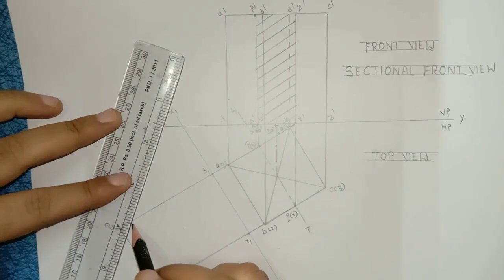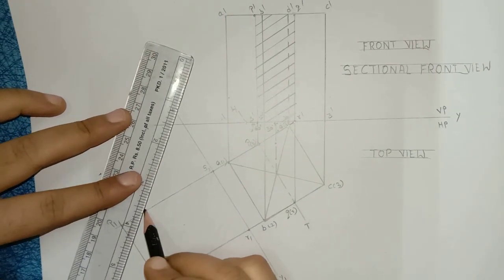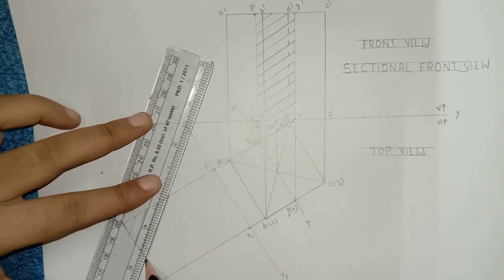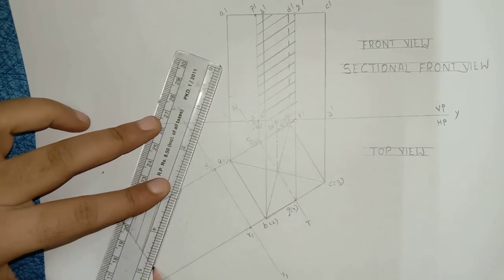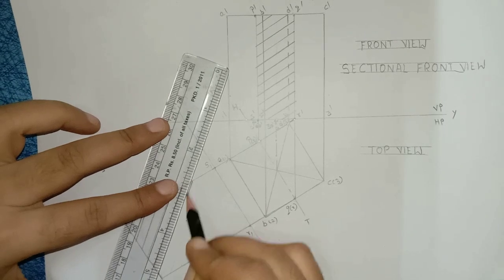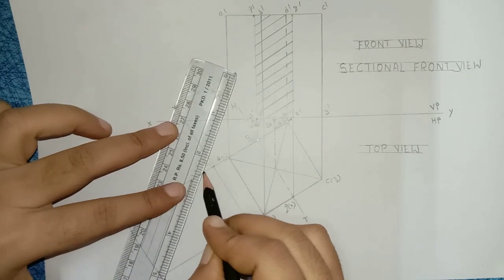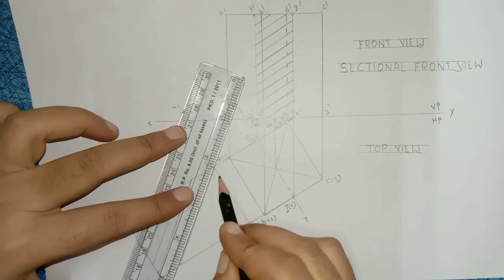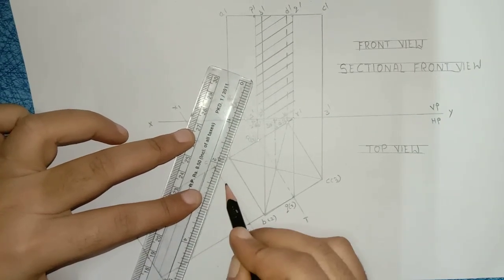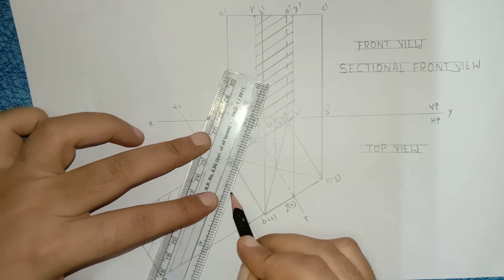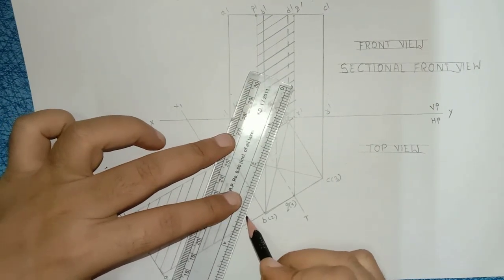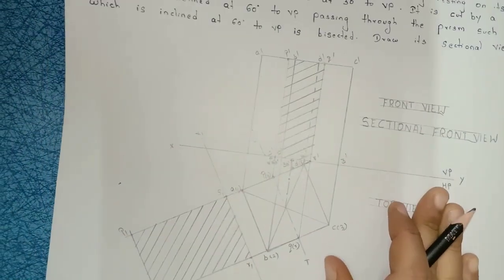Right? You have to draw this true shape with the help of these hatching lines. Right, so this is your true shape.